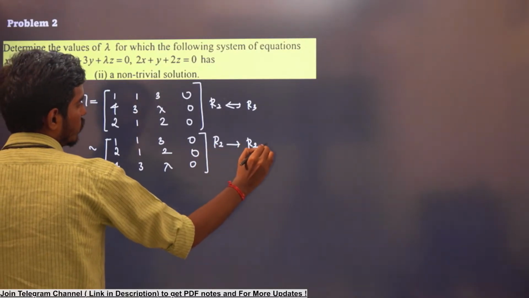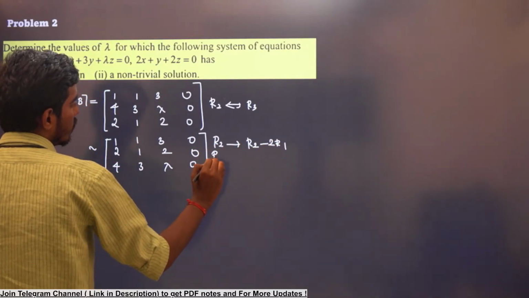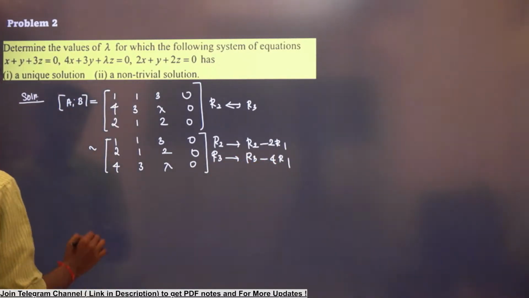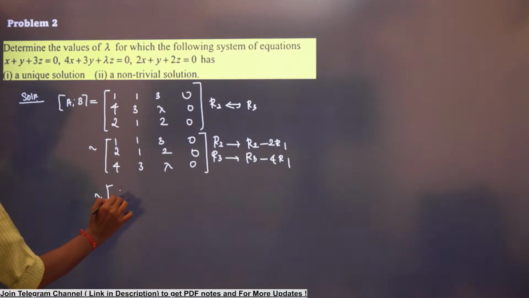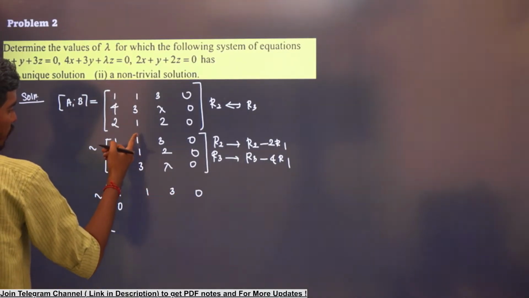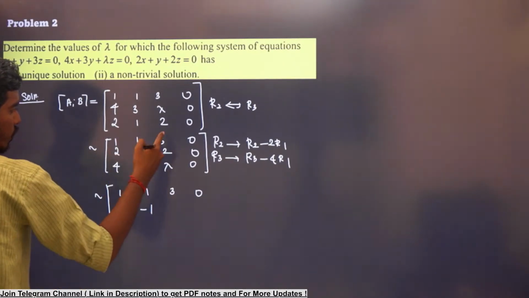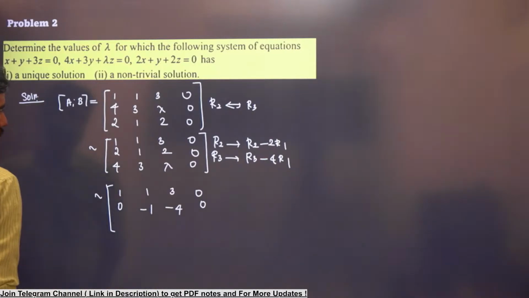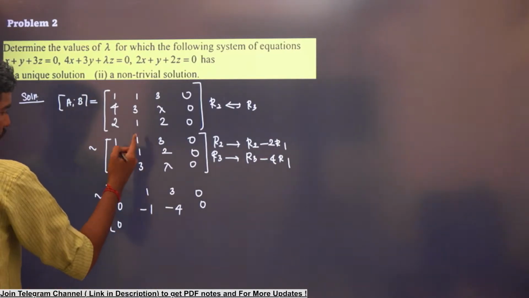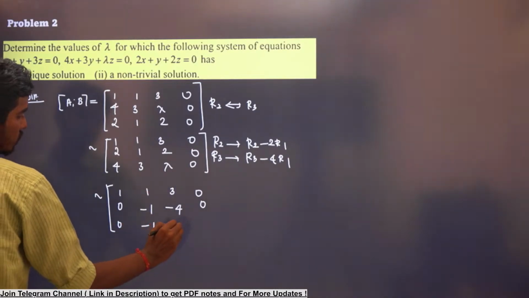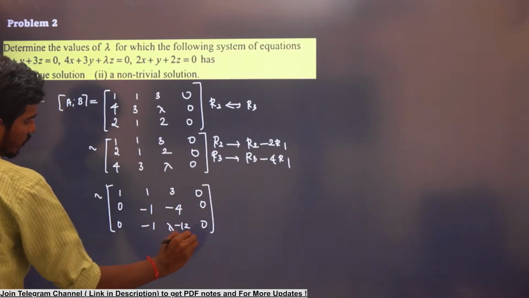R2 is transformed to R2 minus 2R1, and R3 is transformed to R3 minus 4 times R1. This is equivalent to 1, 1, 3, 0; then 0, you multiply 2 and subtract, 3 minus 6 is minus 4, 0; and 0, 3 minus 4 is minus 1, lambda minus 12, 0.